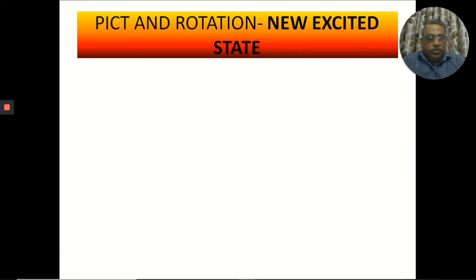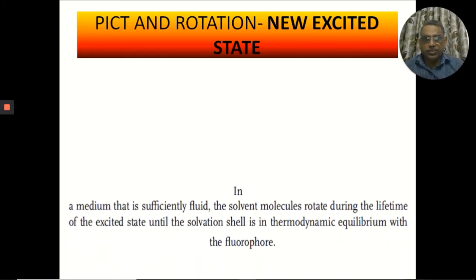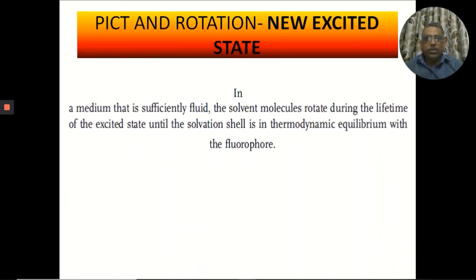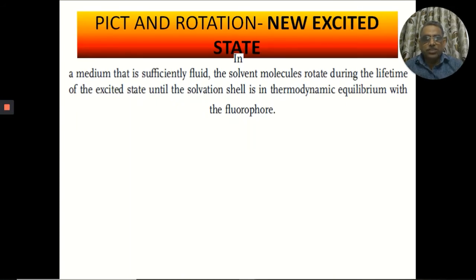What happens to the electronic states because of photo-induced electron charge transfer and rotation is that a new excited state is formed, and this new excited state is called the TICT state.